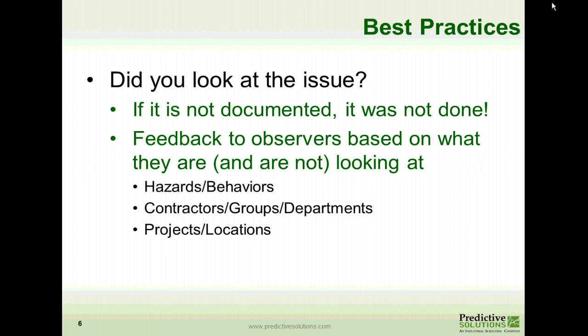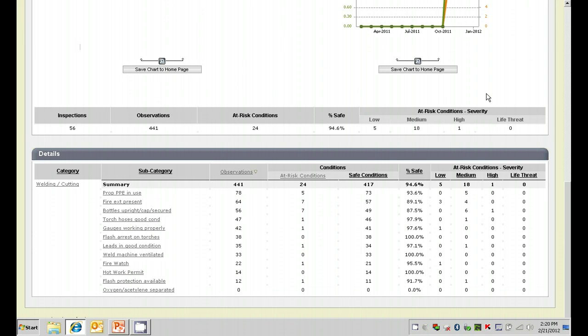You can then give feedback to observers based on what they are or are not looking at, because they will evaluate safe and unsafe based on the hazard or behavior observed, based on the group or contractor department, based on the projects and locations. Because otherwise you're going to get an incomplete picture of what your people are really looking at.